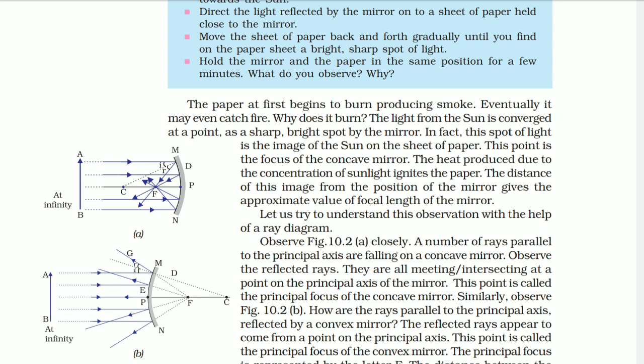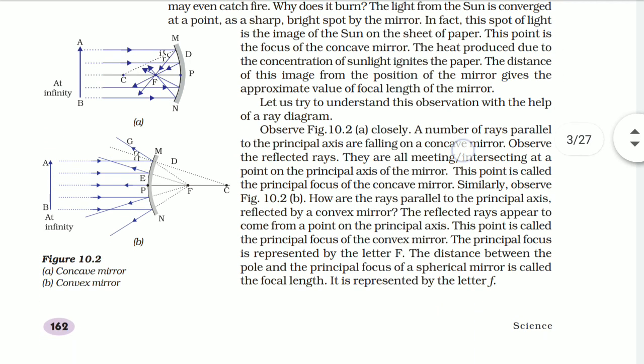Let us try to understand this observation with the help of a ray diagram. You see in this figure 10.2 a number of rays parallel to the principal axis falling on the concave mirror. Observe the reflection, right? They are all intersecting at a point on the principal axis of the mirror. This point is called the principal focus of the concave mirror.